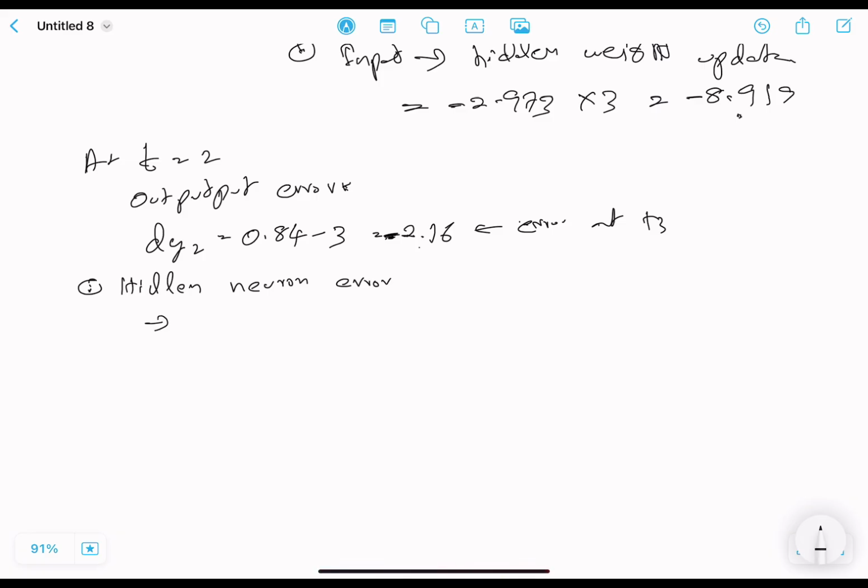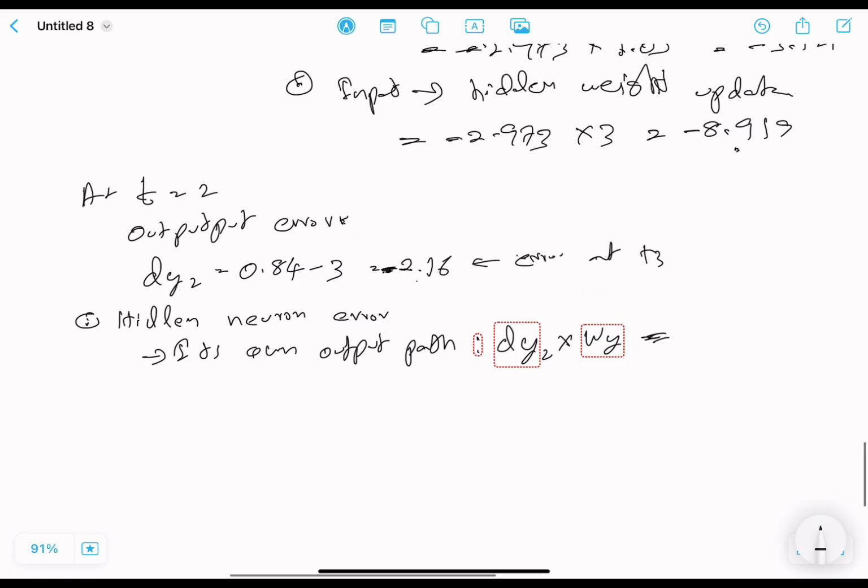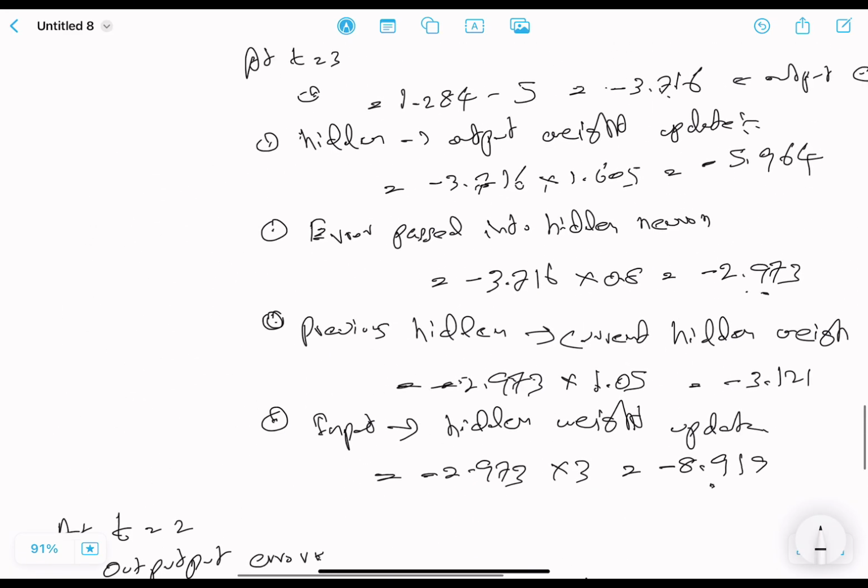we have its own output path, which is dy2 into weight of y.